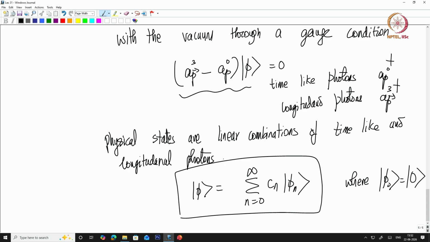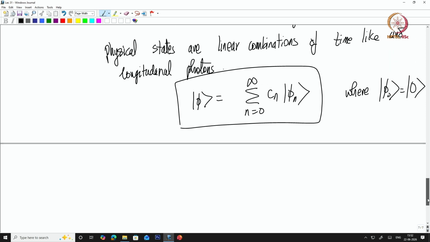Now you can show, in this case, no negative norm states are possible. But what happens is there are states which are 0 norm.